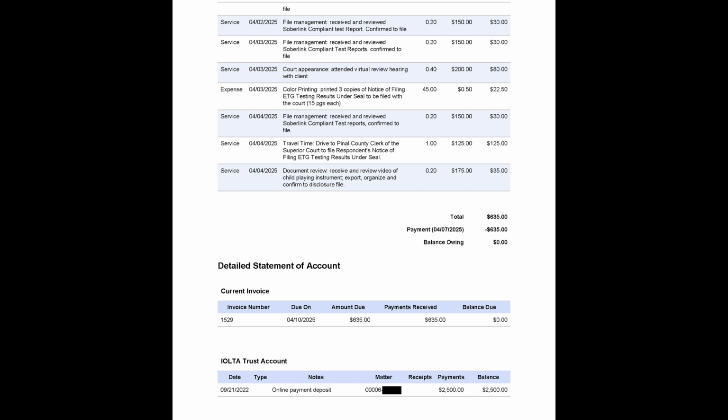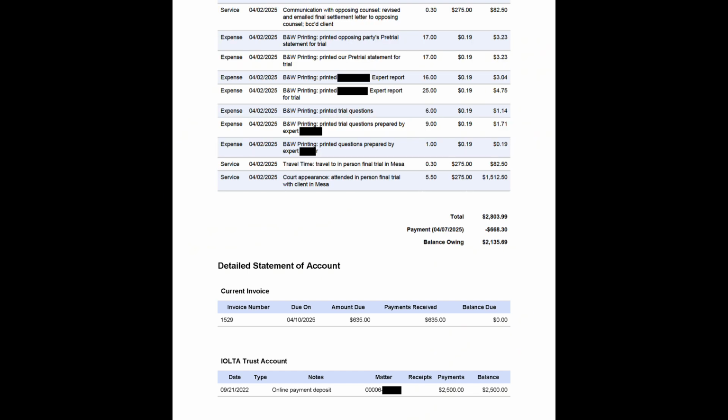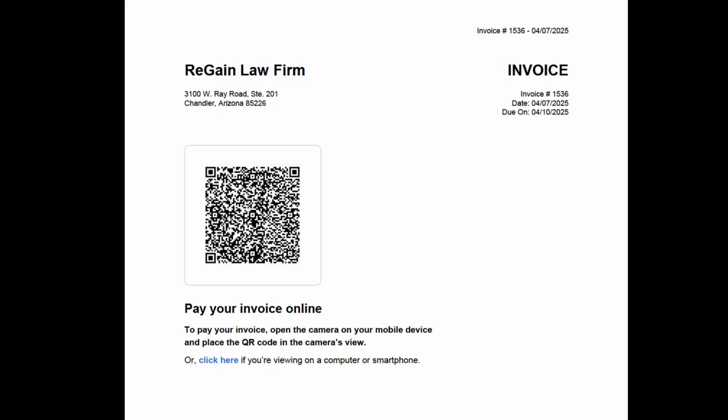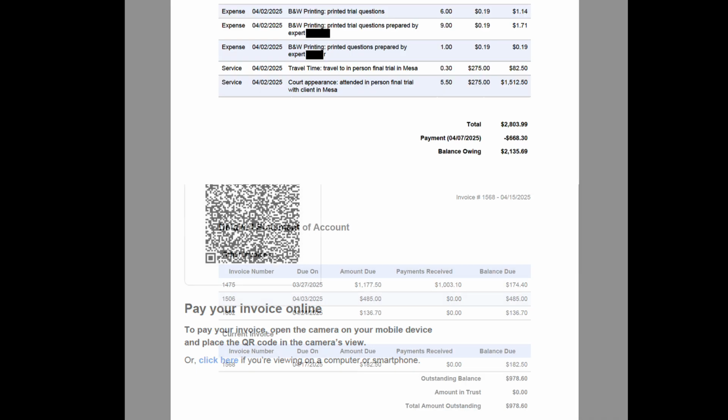If your trust account runs low and an invoice cannot be fully covered, you will see an outstanding balance here, as well as a QR code on the bottom of the invoice. This will indicate that there was not enough in your trust account to satisfy the outstanding balance and an immediate payment is required to satisfy the amount owed to the firm.